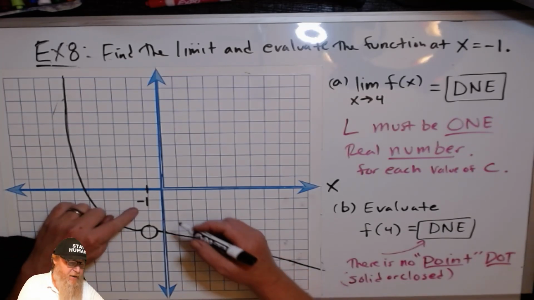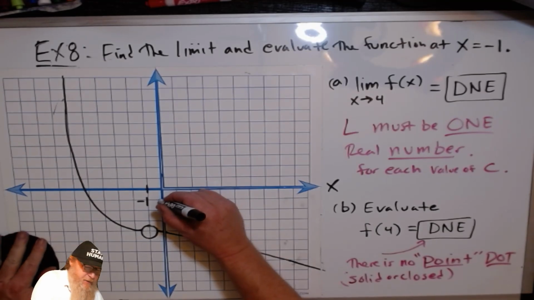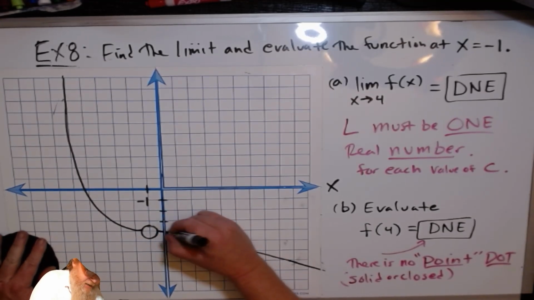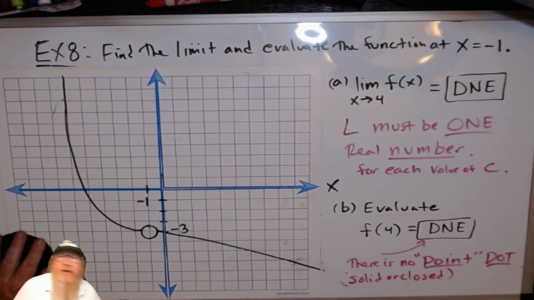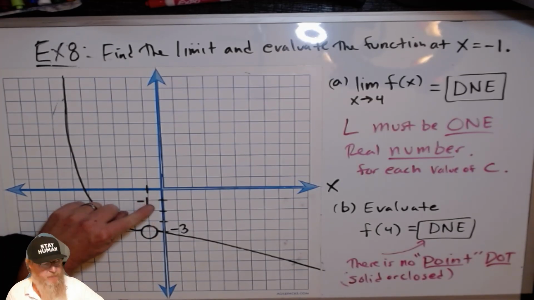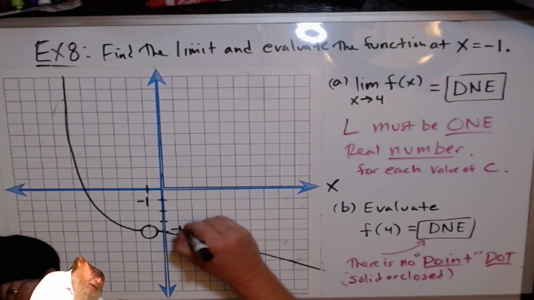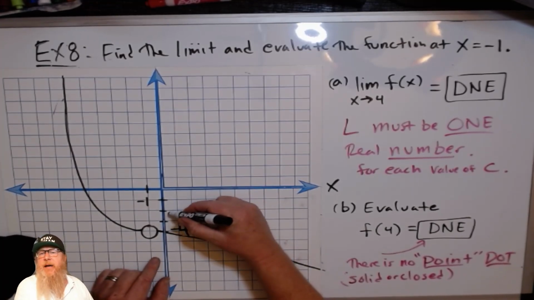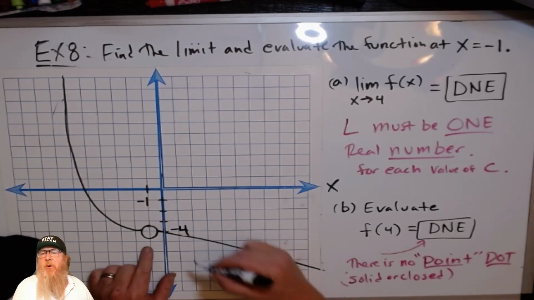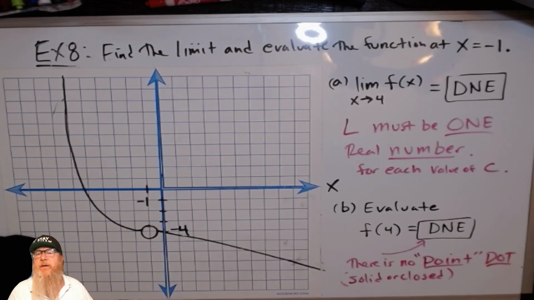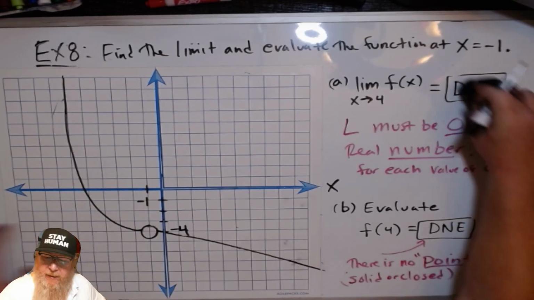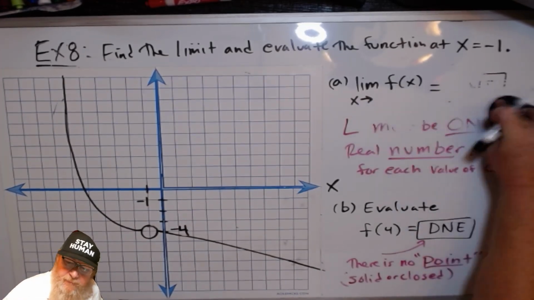So the critical value here is -1. The other critical number looks like -3. Make sure, 1, 2, 3. Nope, -4. I was looking at the screen. -1, -2, -3, -4 is our other critical number. And let's find the same thing.